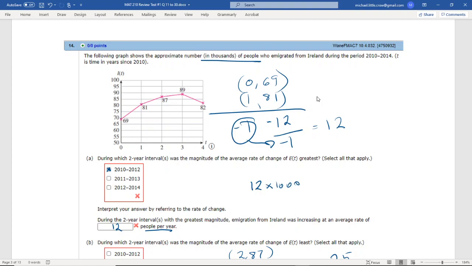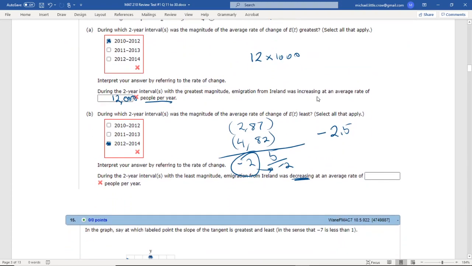So we'll get 12,000 people. So it's increasing at 12,000 people per year. Down here it's going to be decreasing by this amount times 1,000. Yeah, 2.5 people. No, 2,500 people per year. And the decreasing's there, so I don't want to put a negative. It'll get marked wrong if I do. So decreasing takes care of the negative. Awesome.